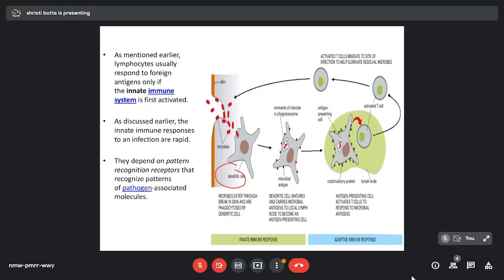These antigen presenting cells activate T cells to respond to microbial antigens. Activated T cells thereafter migrate to the site and eliminate these residual microbes.